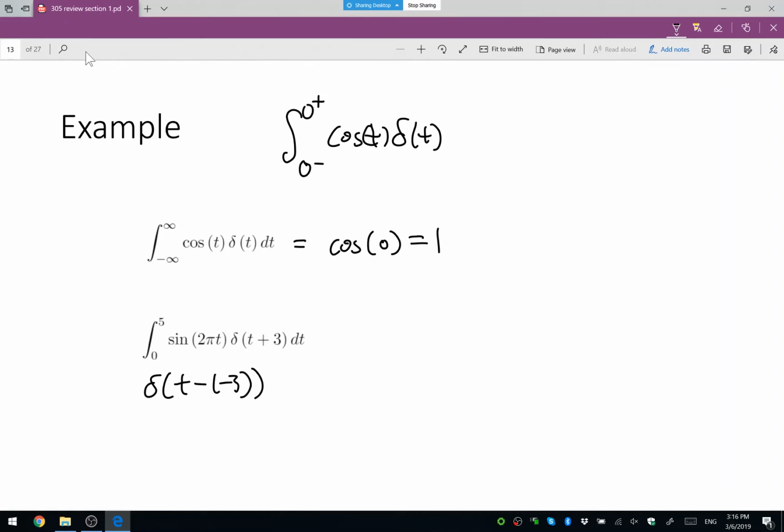For this one, delta is infinite, and this one has a finite number inside the range, and the range is super tiny.